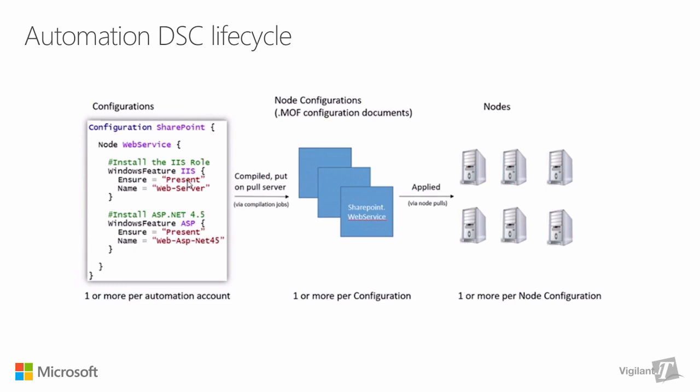The automation platform will then check on those nodes if the web server role is installed along with the ASP.NET feature. And based on what we have defined, we'll either report back the results or remediate by automatically installing the roles and feature on the node with no manual interaction required. Again, the nodes can be located on premises or in the cloud.